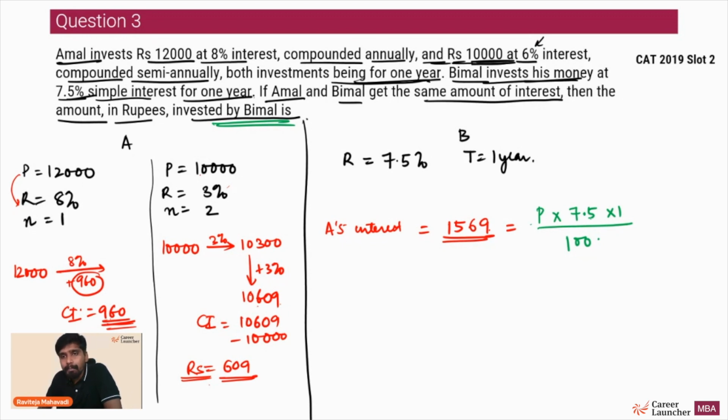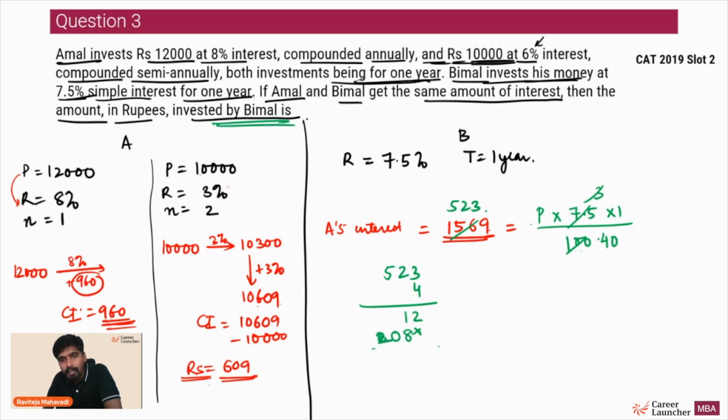So P times 7.5 upon 100 can be written as 3 upon 40. 3 will divide 1569 evenly, 523 times. So 523 into 40 is what P is. 523 into 4: 4 3s are 12, 4 2s are 8, 4 5s are 20.